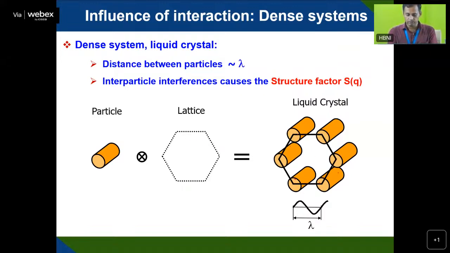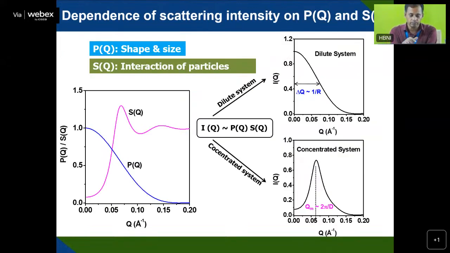Because of this, there is an interparticle interaction, so the interparticle interaction causes the structure factor S(Q). All these particles can interact with each other, and you get the structure factor dependence.